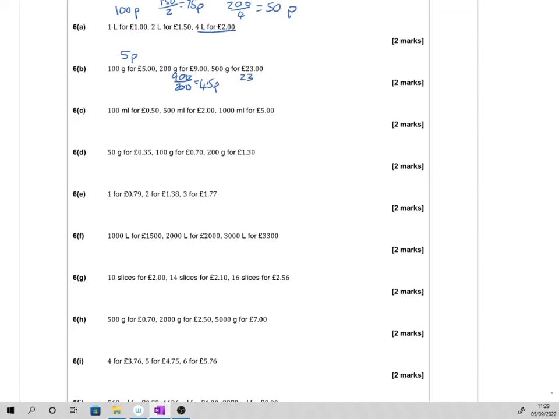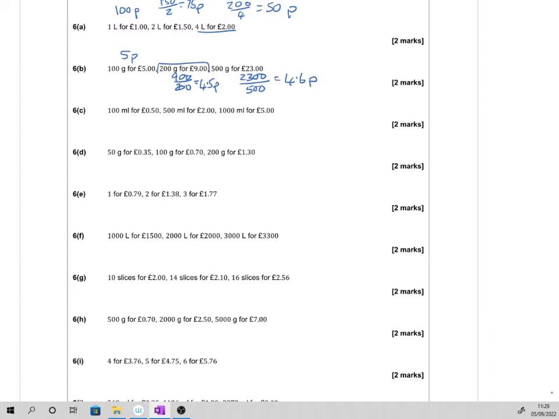And this one, 2300 divided by 500 is 4.6 pence for a gram. So the cheapest one is this one.